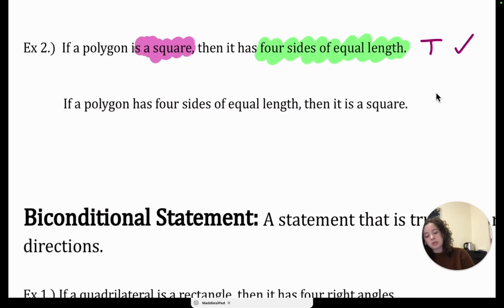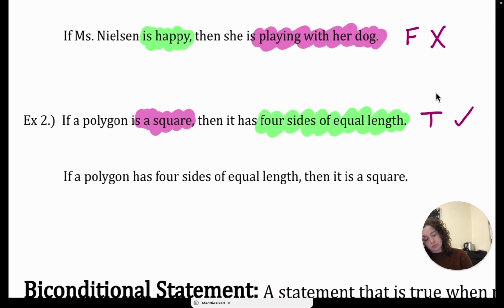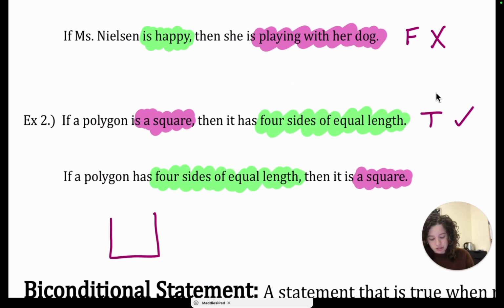Now, you absolutely could be thinking here in this moment, Ms. Nielsen, you're crazy. Equal sides has to be a square. Of course, this is going to be true both ways. What you just said doesn't work. But here's the trick. We are forgetting about one of our shapes, or a few of our shapes, right?